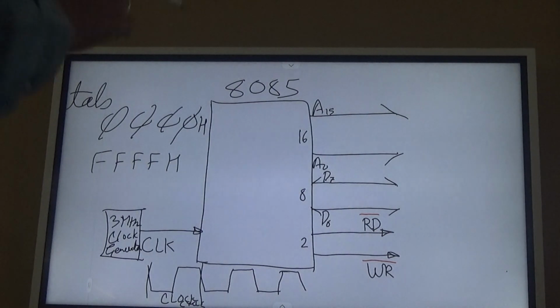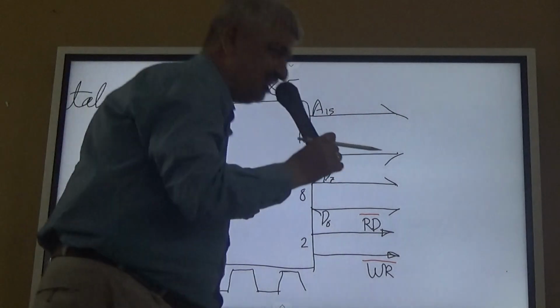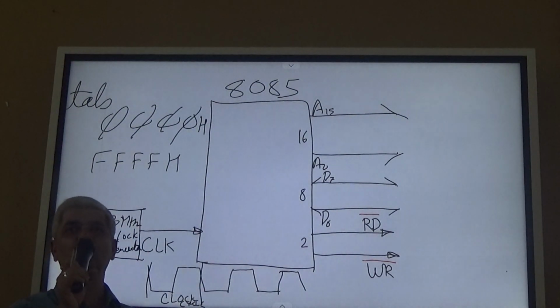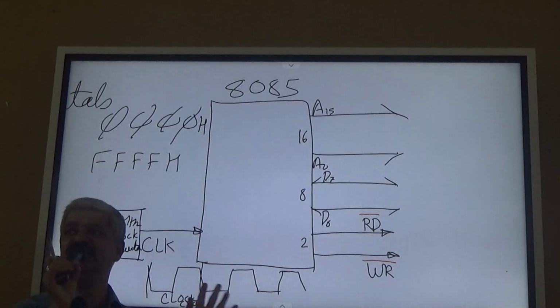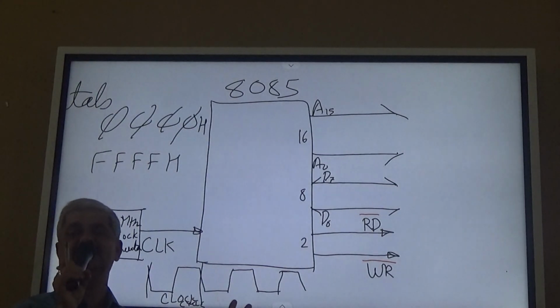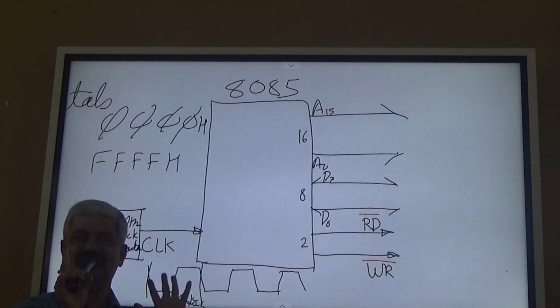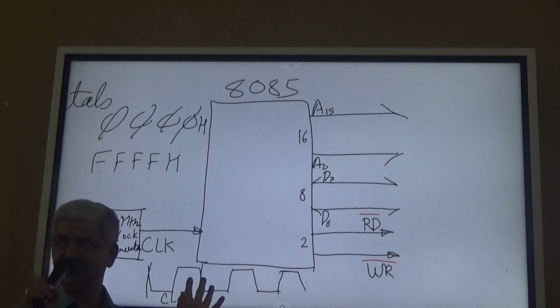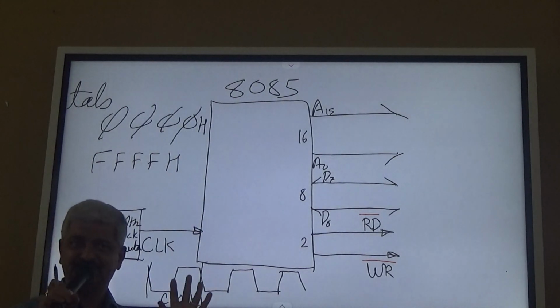And 3 such clock cycles correspond to one machine cycle. Machine cycle is a very significant entity in the entire operation of 8085. Is it clear?